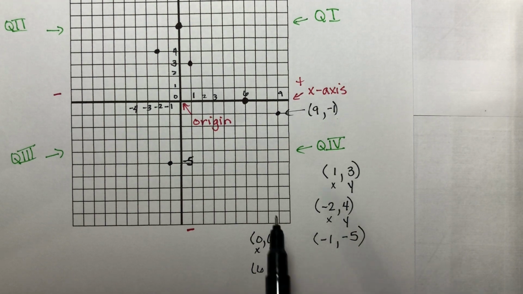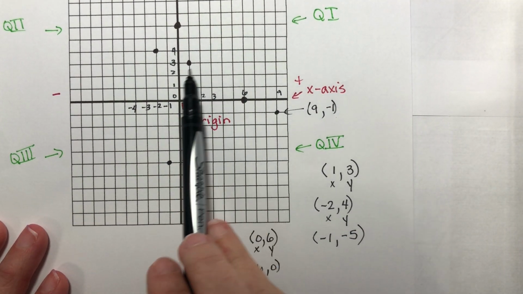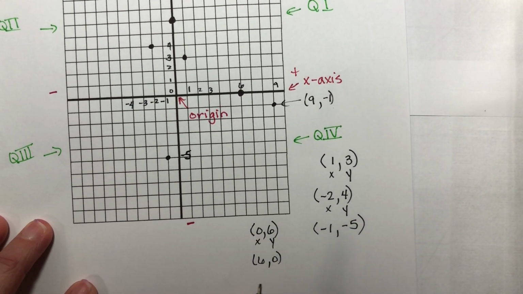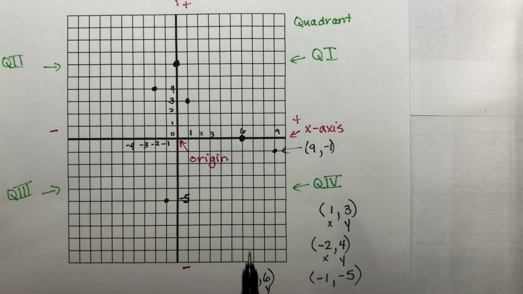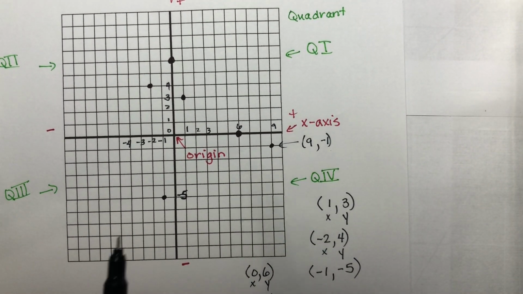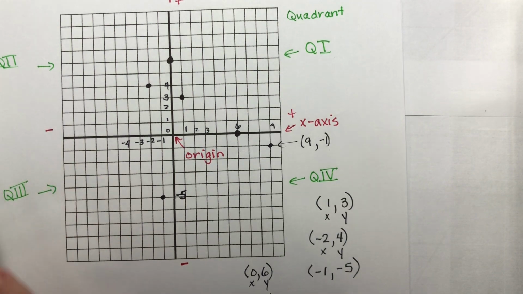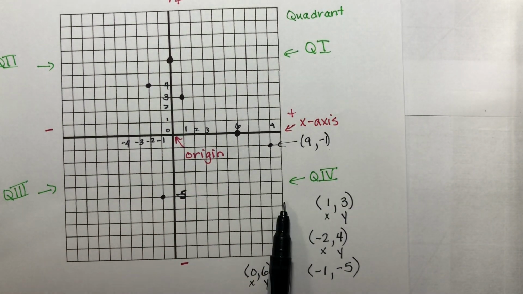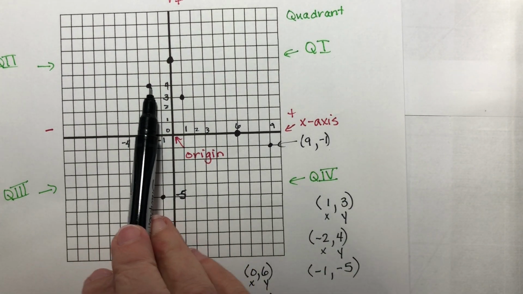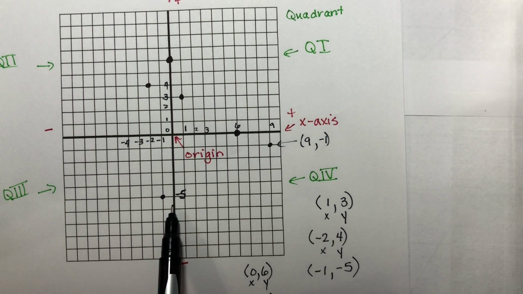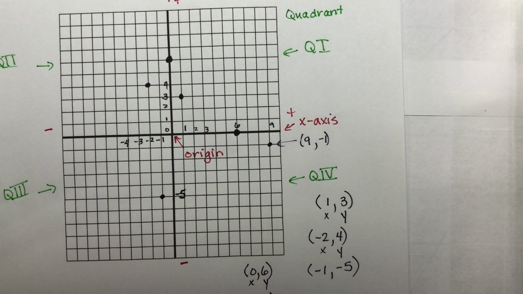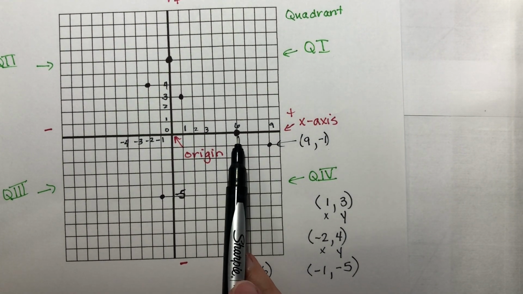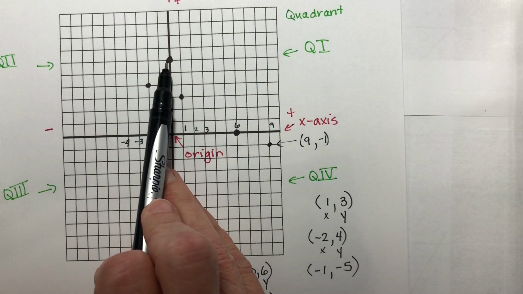You will also have some problems where they give you points on a grid and they ask you what quadrant it's in. Some of these may feel a little bit tricky. If you remember the order and it's broken up into 4 pieces, it's fairly easy to look at this and say, okay, that's quadrant 2. That one's in quadrant 3, so on. What might mess you up is this point right here and this point right here, because it's hard to say.